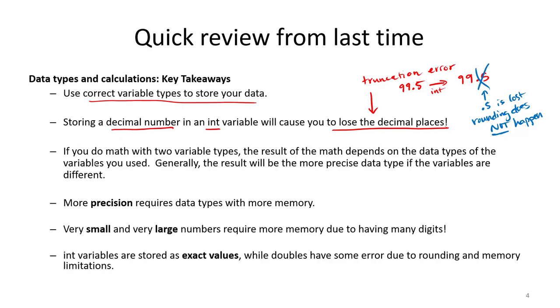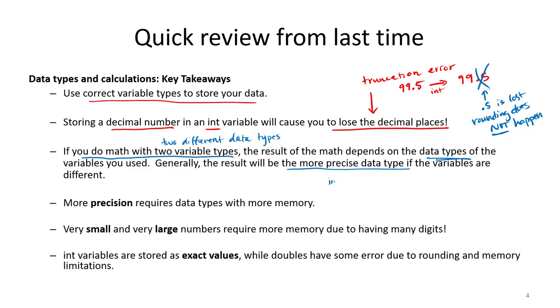The decimal is just completely eliminated. Next one. We covered those rules about coercion, where if you do math with two different data types, the result depends on those data types. And generally, the result will be converted to the more precise data type, if the data types are different.